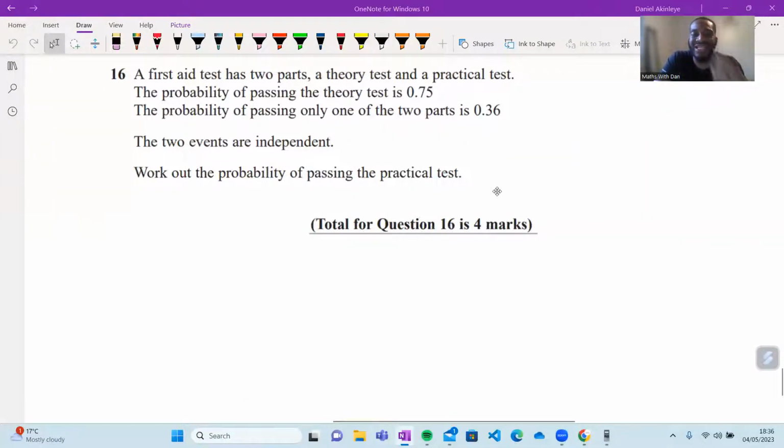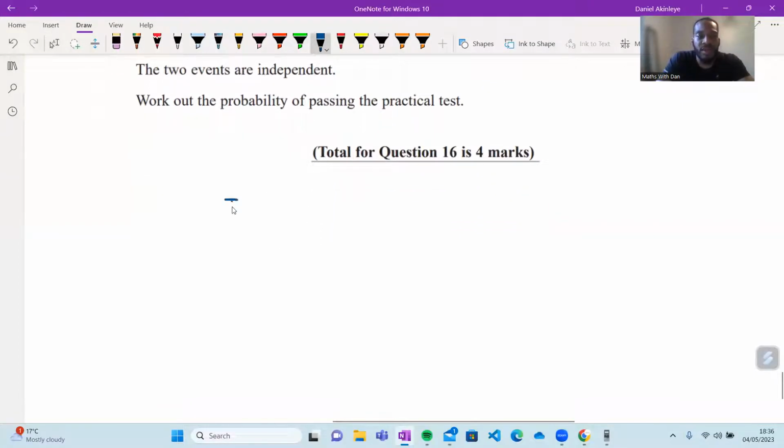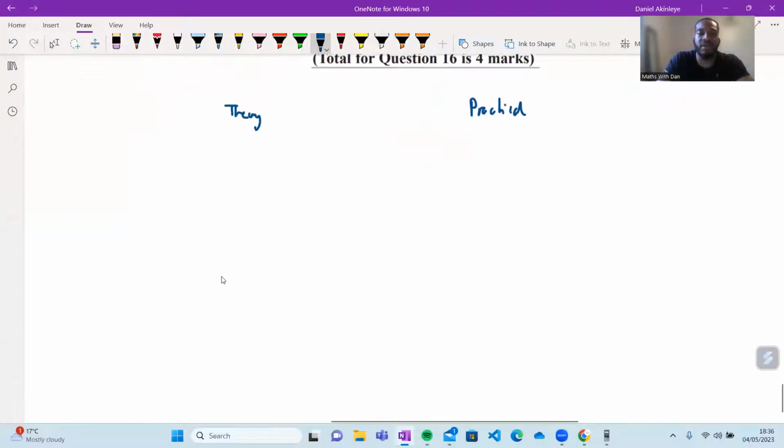This is a standard case of a probability tree question because we've got two parts to it. So I'm going to label this theory. I'm going to label this practical. And we're going to draw a probability tree. So I'm going to do this, like that, and then like this, and then I'm going to draw a line like this, and draw the branches there.